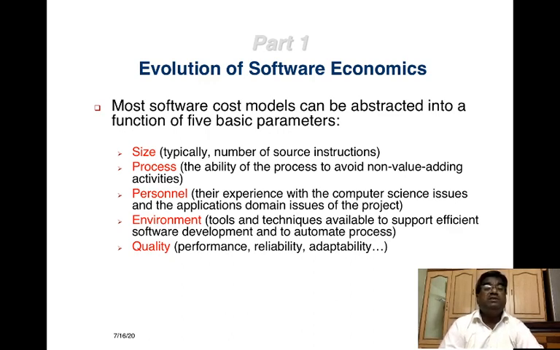Customer satisfaction is most important. How does a quality product come? The software product quality is based on performance, reliability, adaptability, security. There are so many features related to quality.